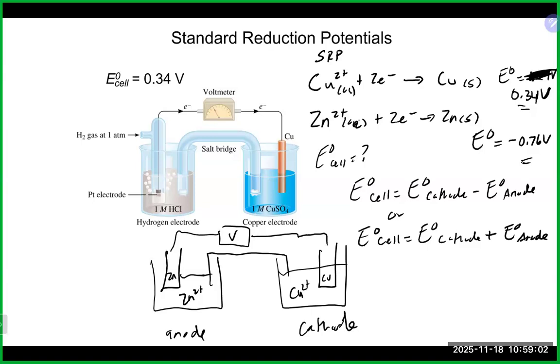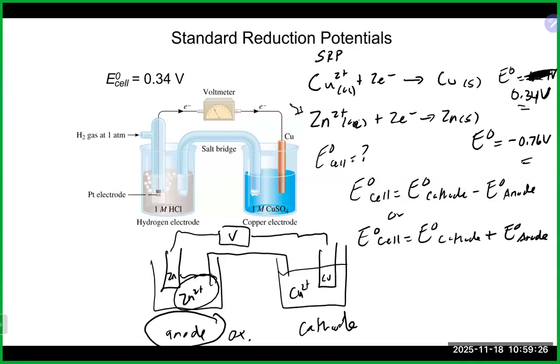When I look at the SRP table, they are both written as reduction reactions. In reality, though, in my galvanic cell, my anode is where oxidation occurs. And really, my zinc reaction is not this reaction that's taking place. It is the opposite reaction, which is the oxidation reaction.